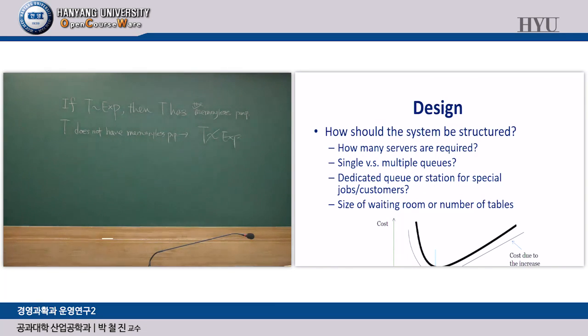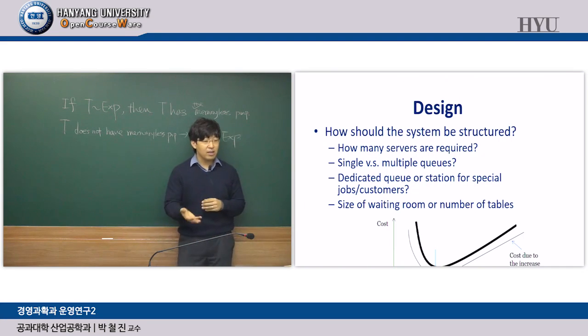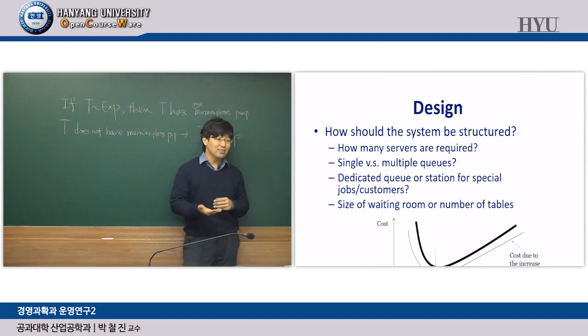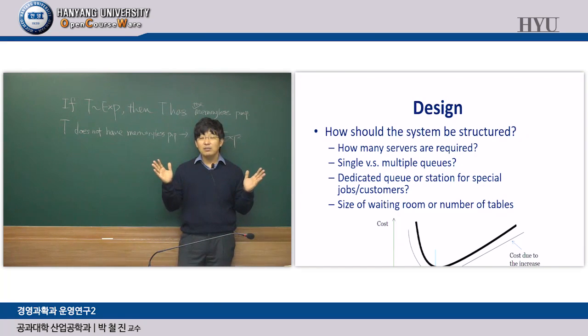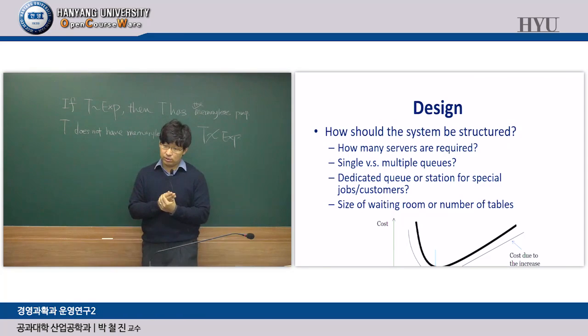How about this? Cost due to the increase of servers, like dentists in a dental clinic. If you hire more doctors, then you need to pay more. So when you try to design the system, you need to think about some trade-off relationship between two points of view, like the customer's point of view and the manager's point of view.